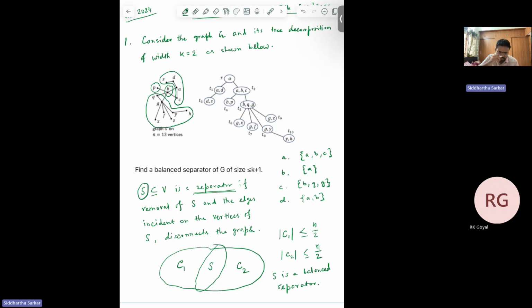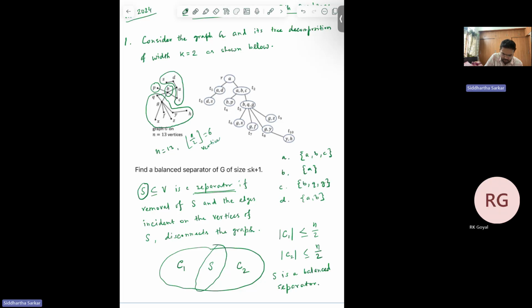Then the heaviest component is this component. So we have to check how many vertices it has. It has 1, 2, 3, 4, 5, 6, 7 vertices. In our case, n is 13, so we will allow floor of n by 2, that is 6 vertices, in each light component.